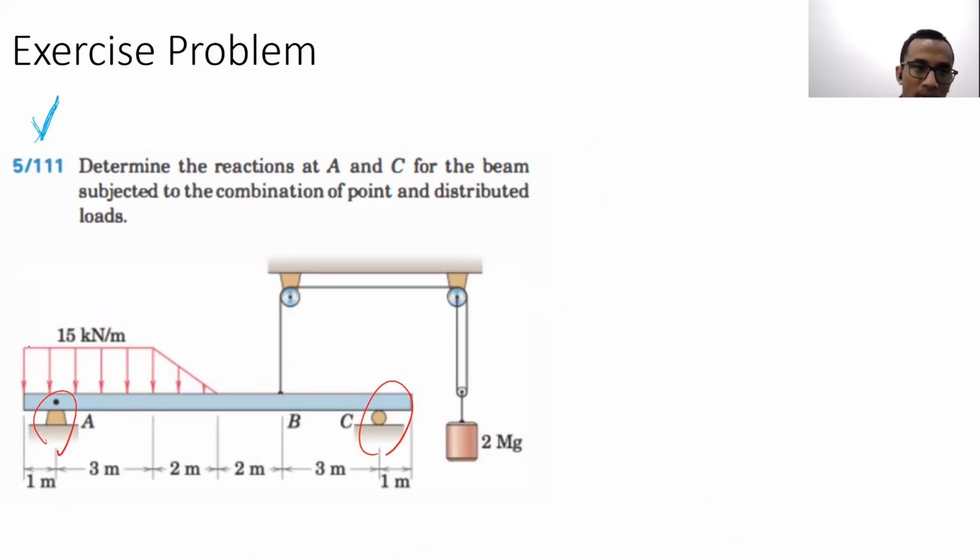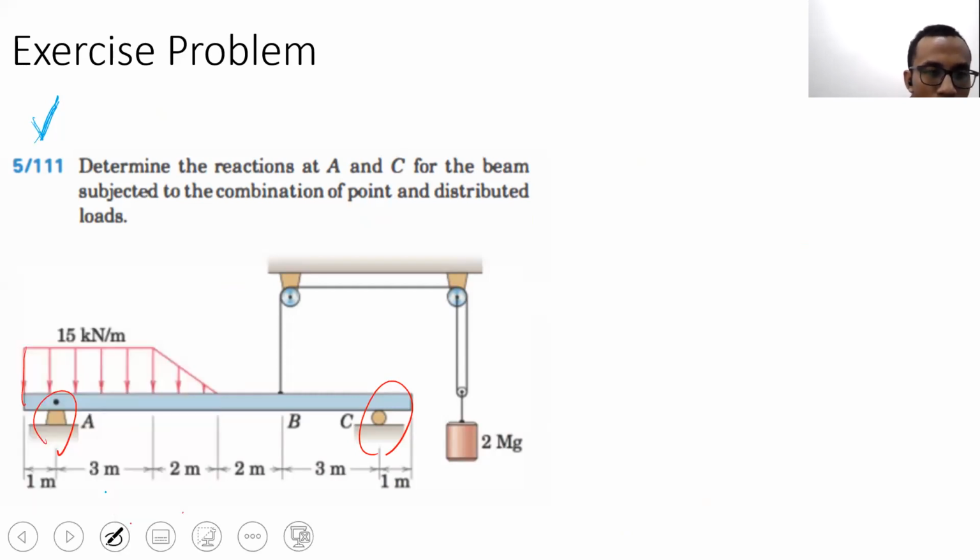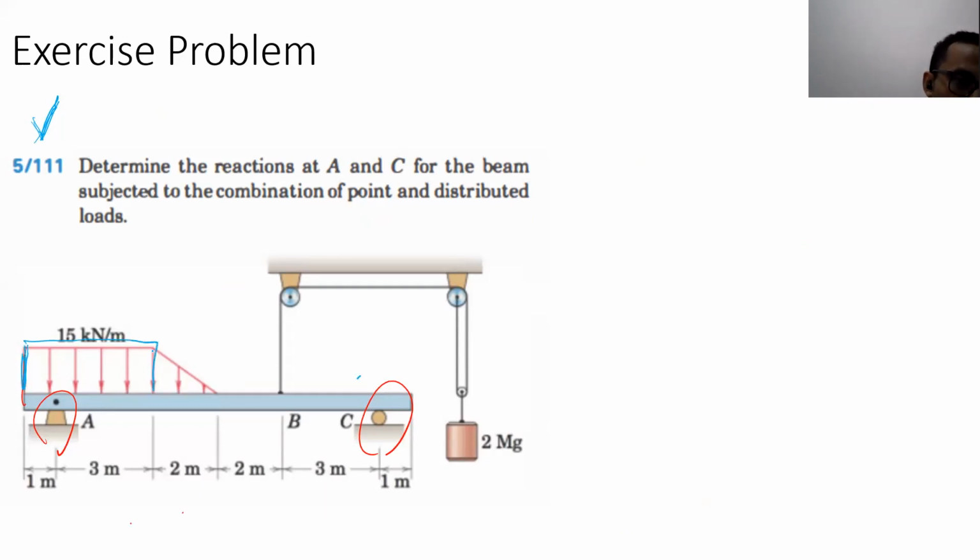This consists of one rectangle and one triangle. So this one is the rectangle, and this one is the triangle. Each of those you have to represent with one concentrated force.